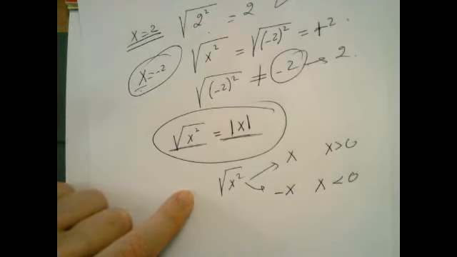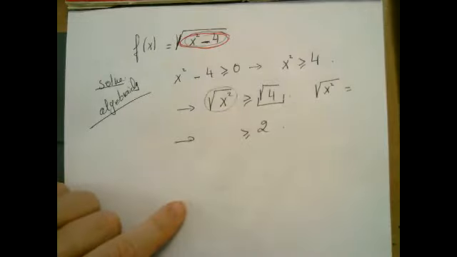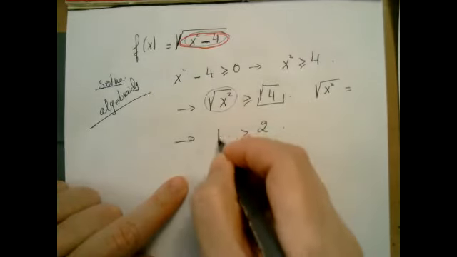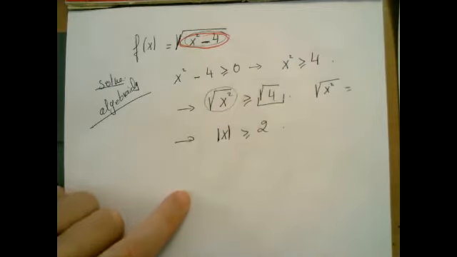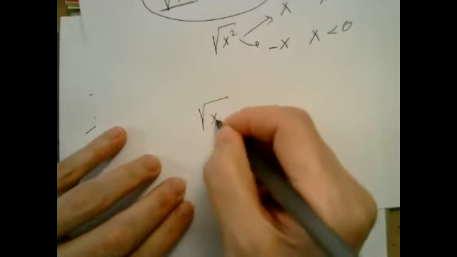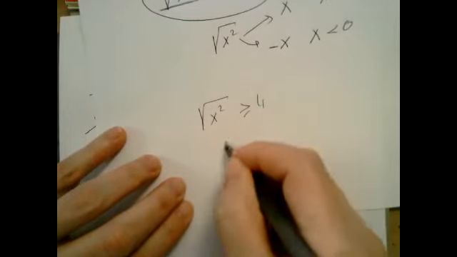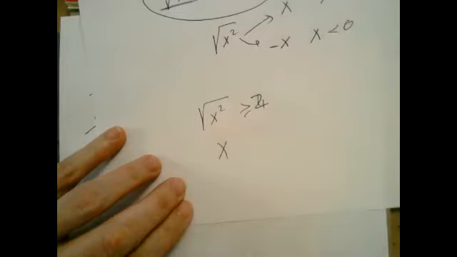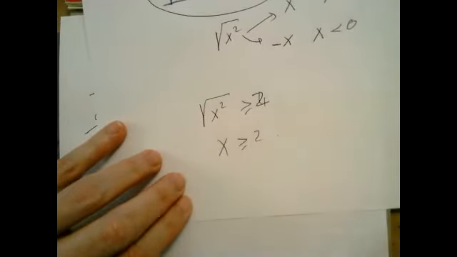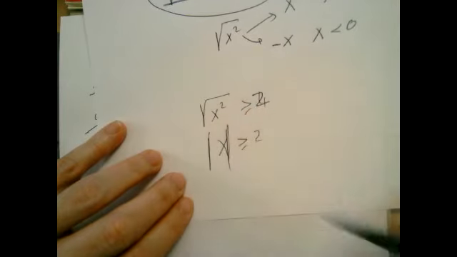So why am I bringing this up? Because the square root of x squared is the absolute value. So if the square root of x squared is bigger than 4, it does not mean bigger than 2. This doesn't tell me that x is bigger than 2. It means that in absolute value, it is bigger than 2.